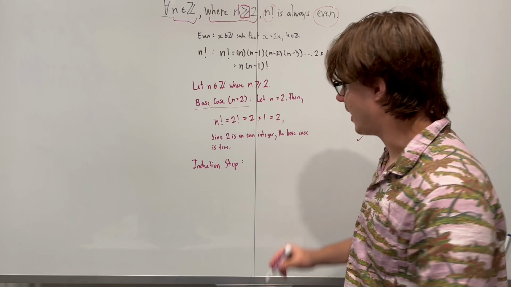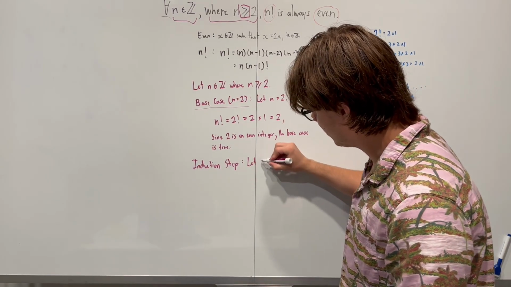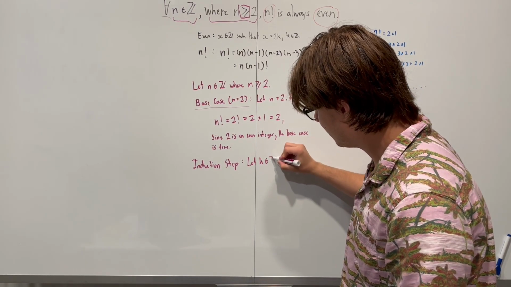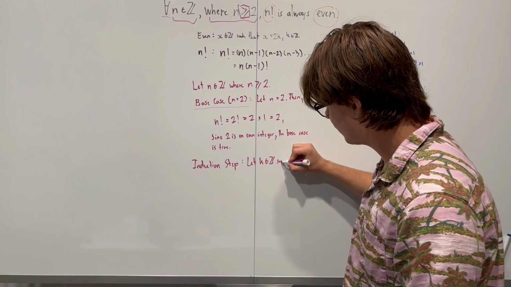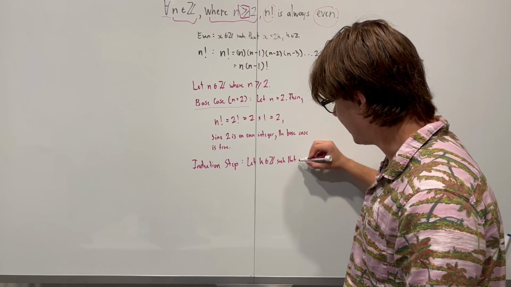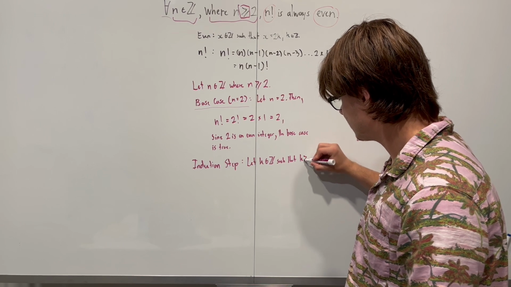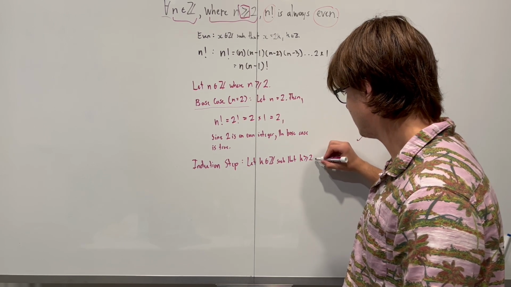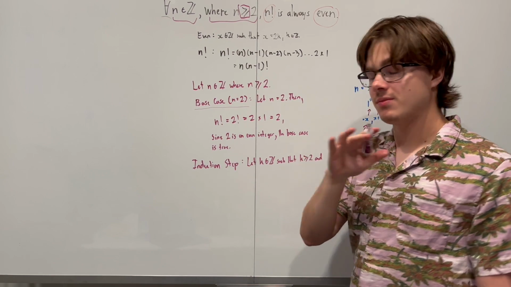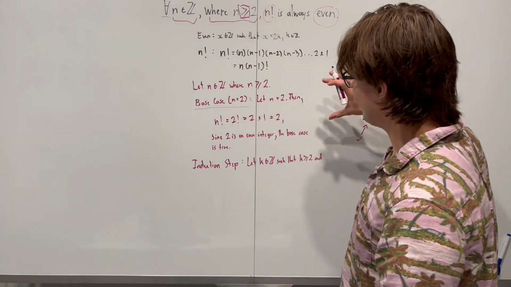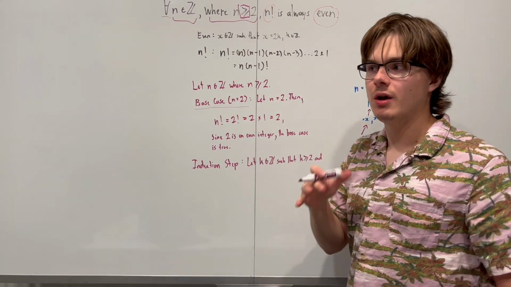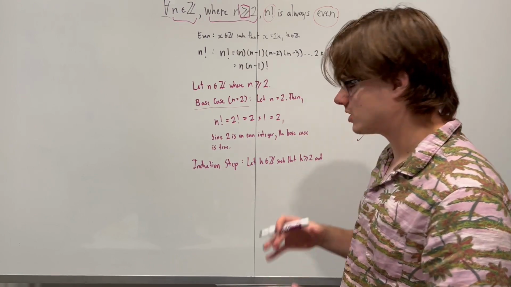I'm going to use the letter k. Let k be an integer such that k is greater than or equal to 2. And this is crucial. Since we've proven the first case is true, we can do the following, which is weird.